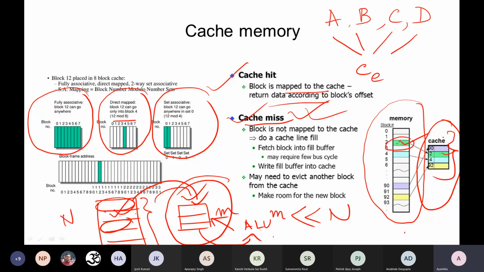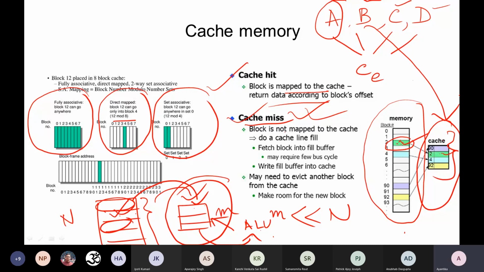Now, if that block is filled by A, and you are requesting some data from B, C, and D, there will be constant misses, because when you try to access, you find that A is there and B is not there. So whenever you try to access some data from B, you have to replace A from the cache memory, bring B back there, and then you can access it. So repeatedly, there is a concept of hit and miss.